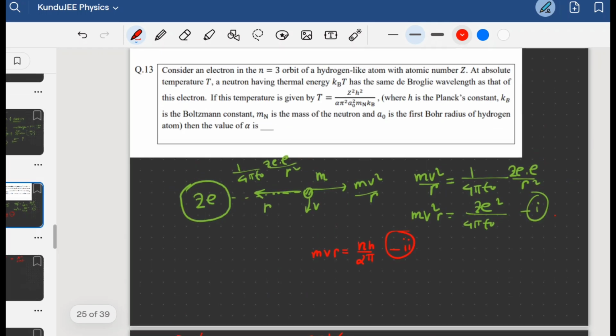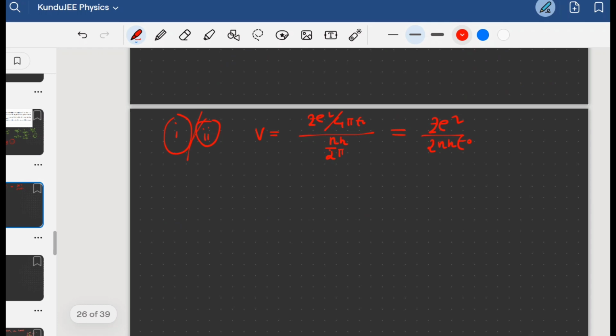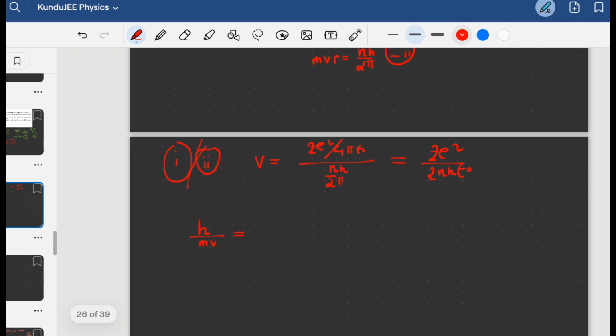Now it is given that the de Broglie wavelength of the neutron will be the same as that of the electron. So what is the de Broglie wavelength? H by mv. For the neutron also the same de Broglie wavelength will be there, h by mn vn, that is the momentum.